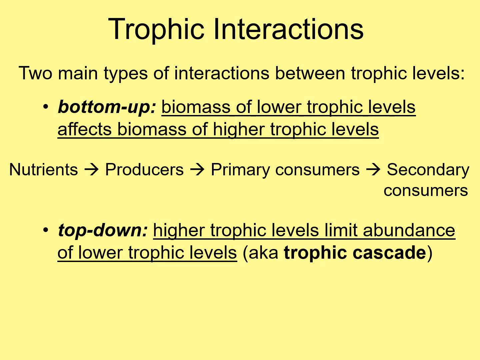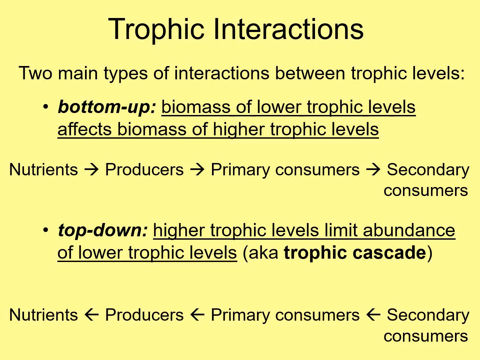This means that the level below the herbivores, the primary producers, will actually see an increase in their population because, all else being equal, fewer of them are getting consumed by herbivores, because the herbivores are getting consumed by the carnivores, right? I always think of this as a cascade. It's sort of like a slinky going down the stairs, and it kind of skips every other level.